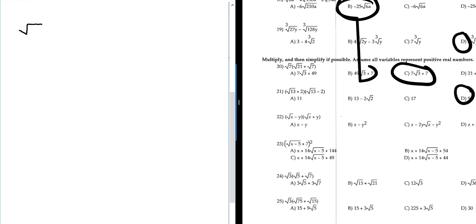22, square root of Z minus Y multiplied to square root of Z plus Y. Difference of 2 squares again.